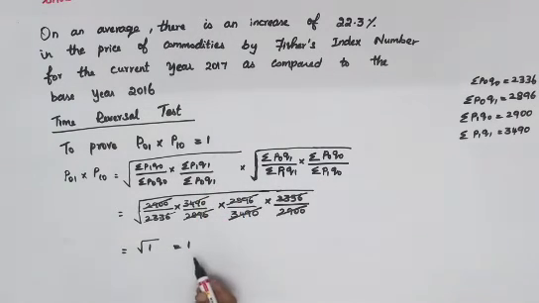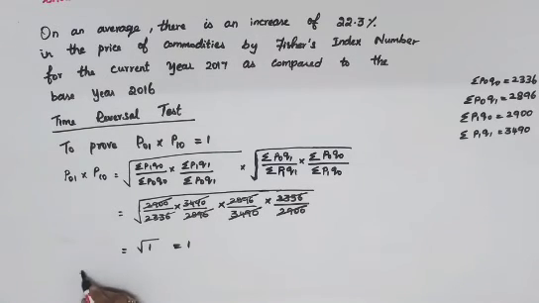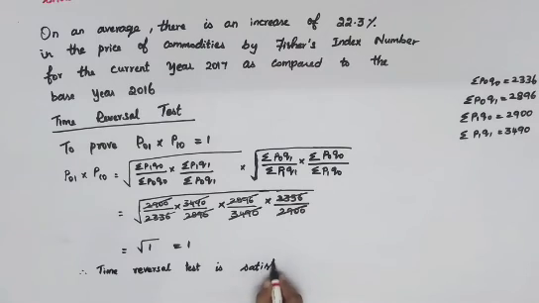So that is what we will have to prove. If you are getting equal to 1, then we can say that the time reversal test is satisfied. Therefore, time reversal test is satisfied. So this is the answer for your 19th question.